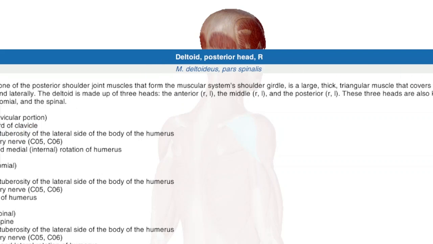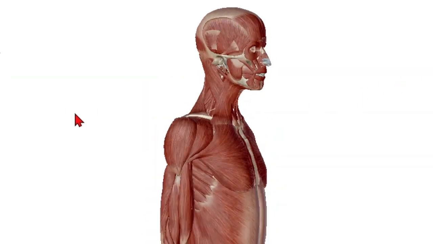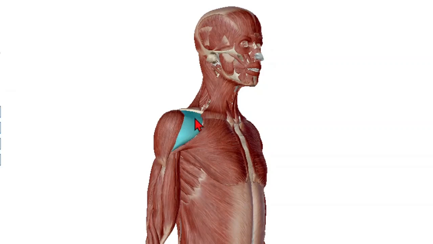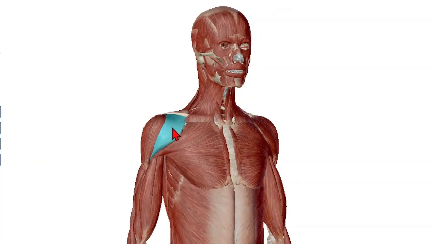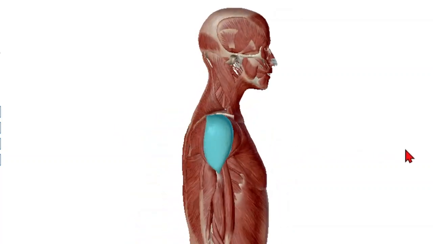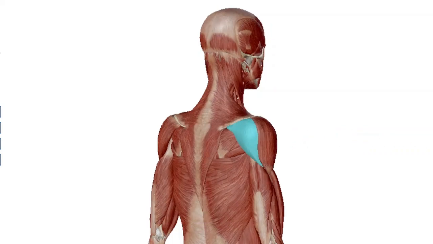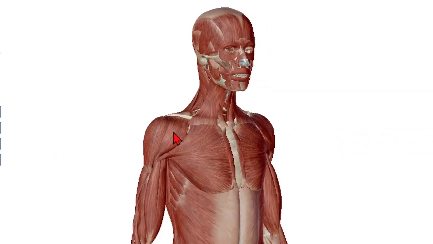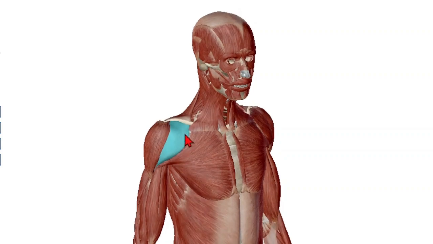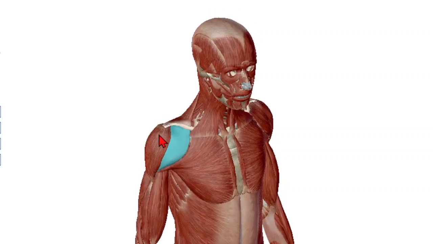There are three parts of the deltoid. One is the anterior head, because this is the anterior side of the deltoid. This is the middle, and this is the posterior side. You can see that the anterior side is attached to the lateral third of the clavicle.